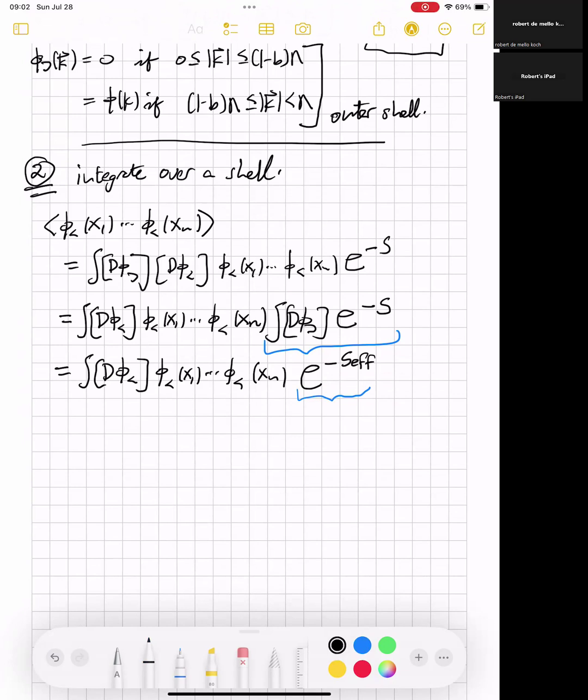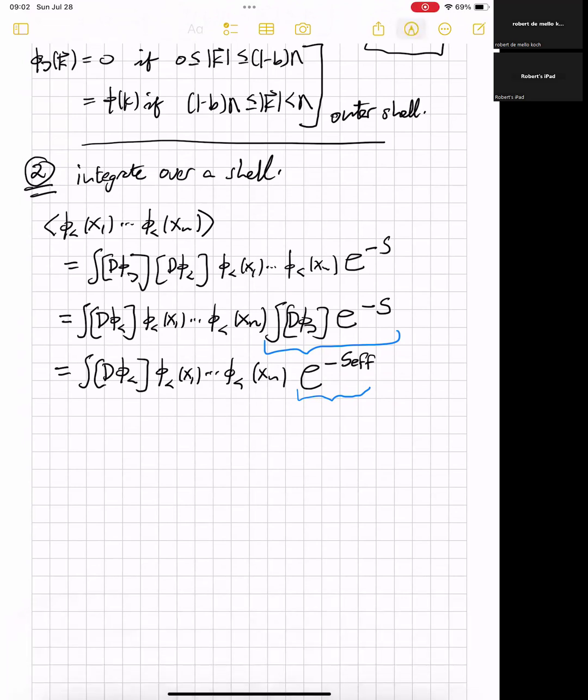To give you an idea of the sort of scales in this picture, we might imagine the following. This is energy, so let's put here mod k. We've got the cutoff over here, so that's lambda. Here is naught, and then there's some low energy scale here, and inside here we have particle physics.